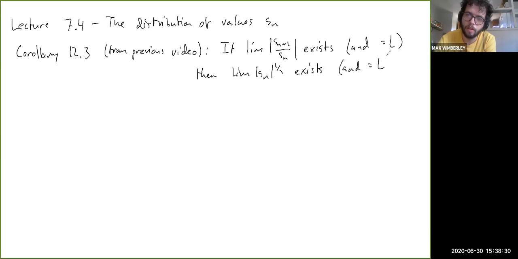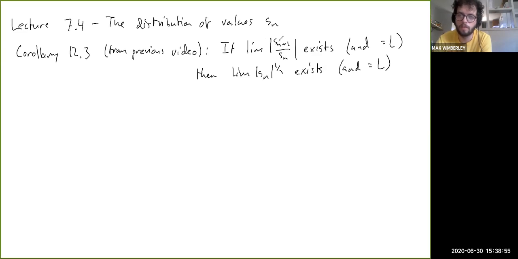and equals L. So this is literally just because if this limit exists, then the lim sup of this sequence and the lim inf have to be equal. And that squeezes the lim sup and lim inf of the sequence of Sn to the 1 over n, which have to be in between the lim sup and the lim inf of this sequence.